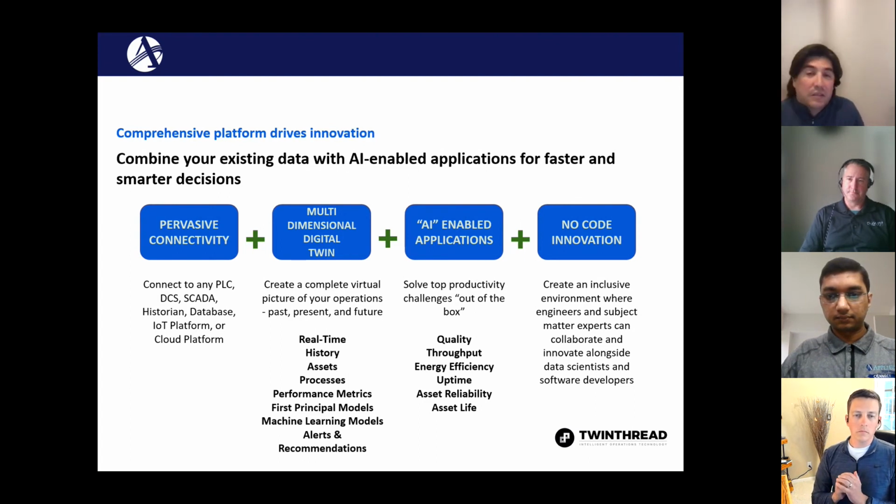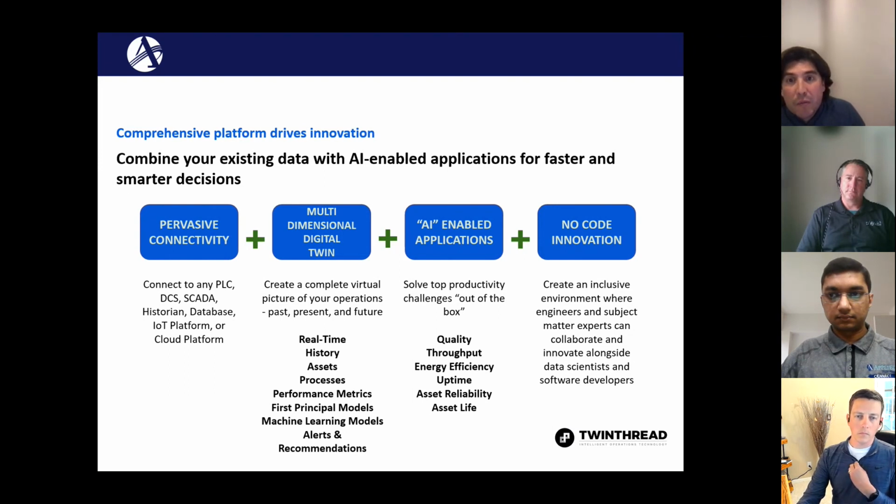These pre-built applications include process-centric use cases such as quality, throughput, energy efficiency, and uptime, as well as asset-centric use cases that include uptime, asset reliability, asset life, in some cases throughput as well.